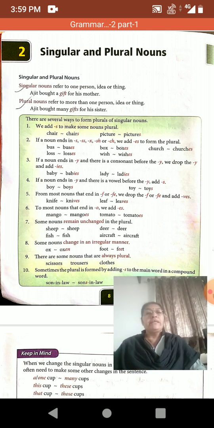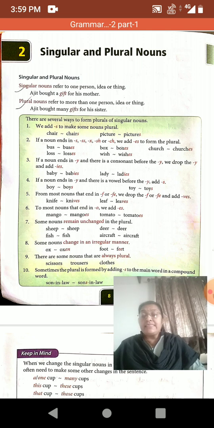Third rule we already understood. First we add S, then make plural. Second, noun ends with S, double S, X, SH or CH, we put ES, then make plural. Third one, Y, convert into I and add ES, then make plural. Now fourth rule.